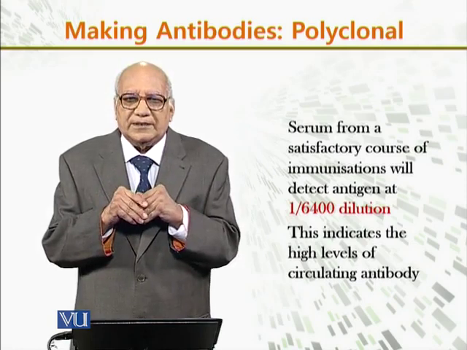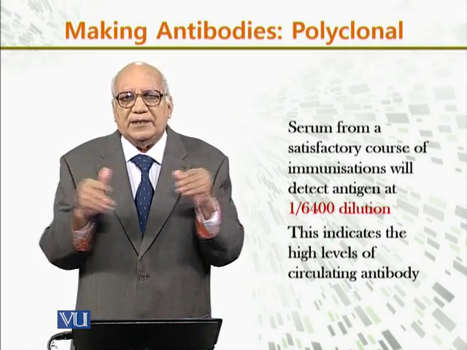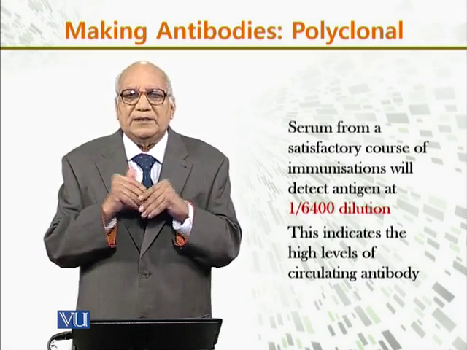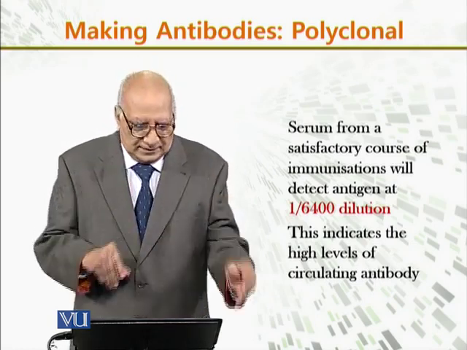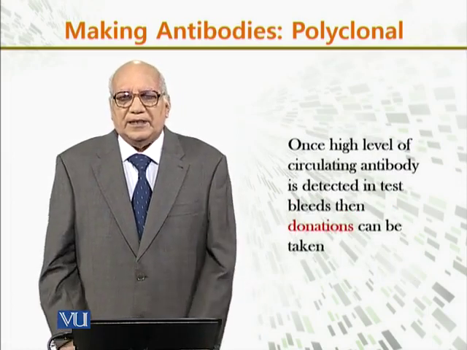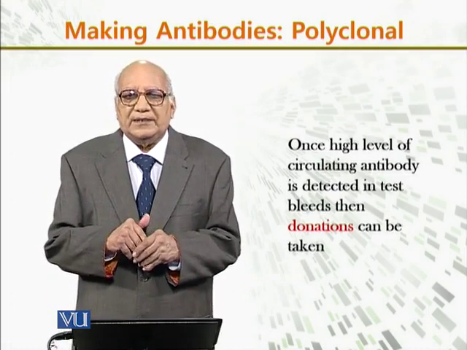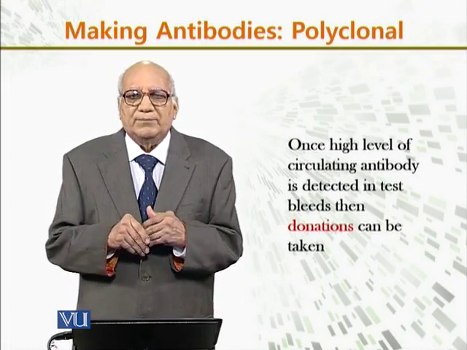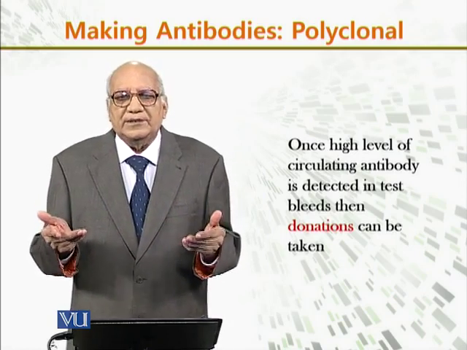This indicates a high level of circulating antibody, that the antibody level is so high that up to 1 over 6400 dilution, antigen can be detected. Once a high level of circulating antibody is detected in test bleeds, then the donation can be taken.